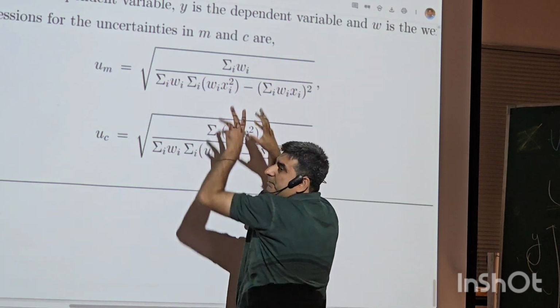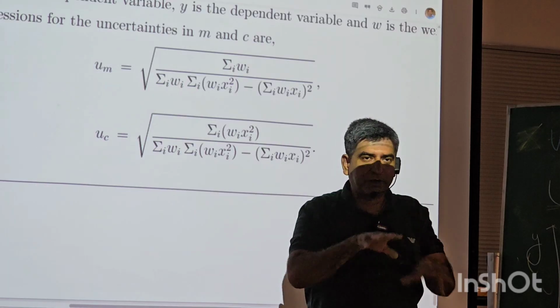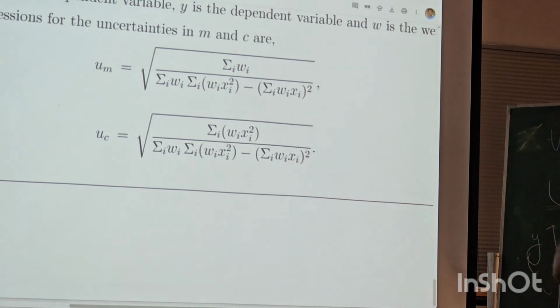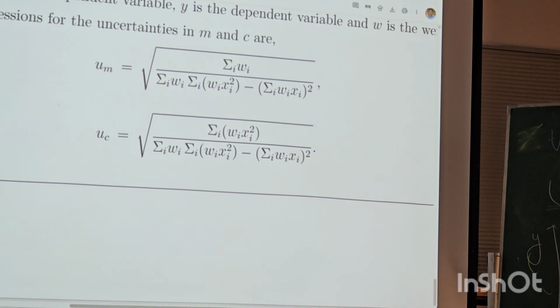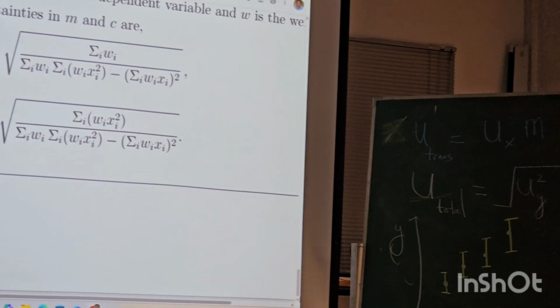So this needs to be programmed, this needs to be coded. You have an array for the weights, you have an array for the uncertainties, you have an array for the x's. It's just a simple matter of coding this in and you get the uncertainty in slope.